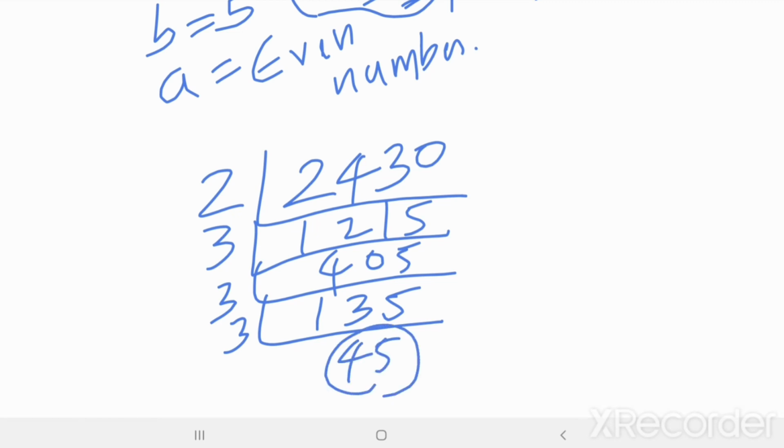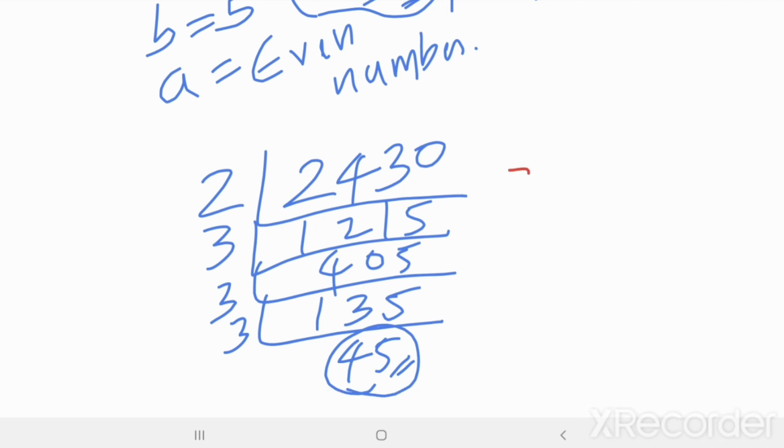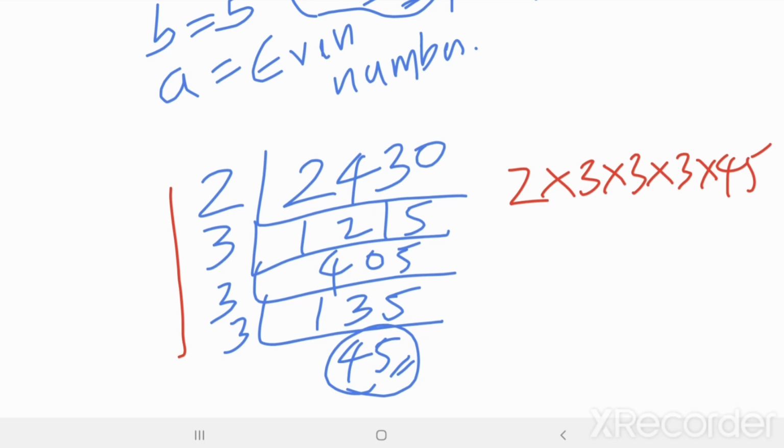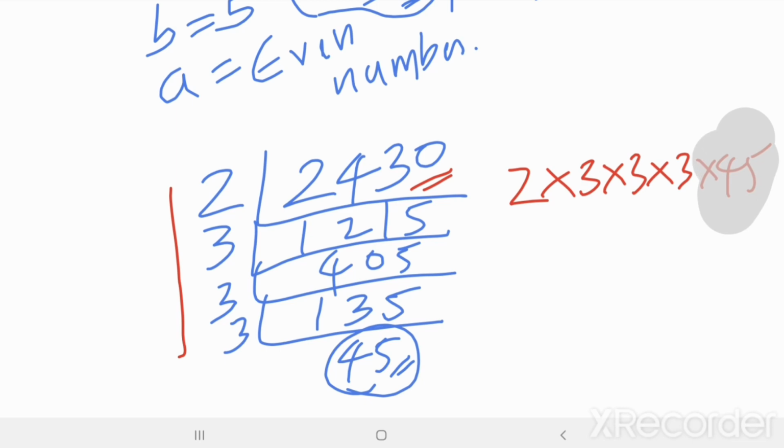45 is one of the factors of 2430 and 5 is the units place digit. Then multiplying these numbers 2 into 3 into 3 into 3 into 45, we get 2430. So 45 is one of the factors. Then 2 into 3 into 3 into 3 is equal to 54.